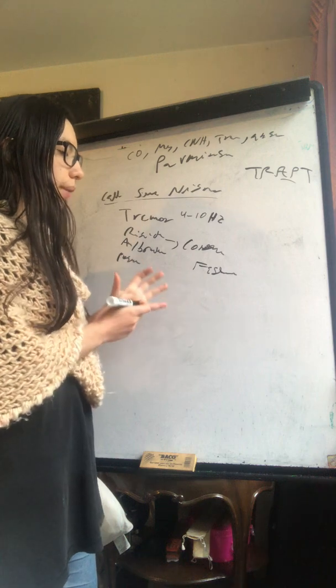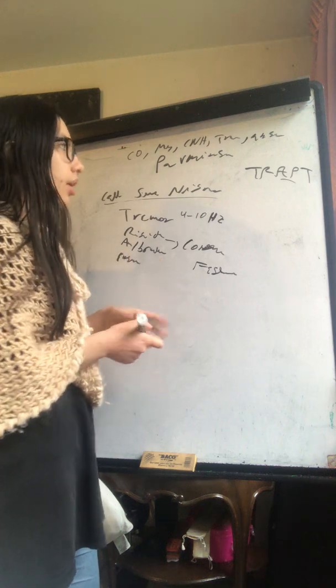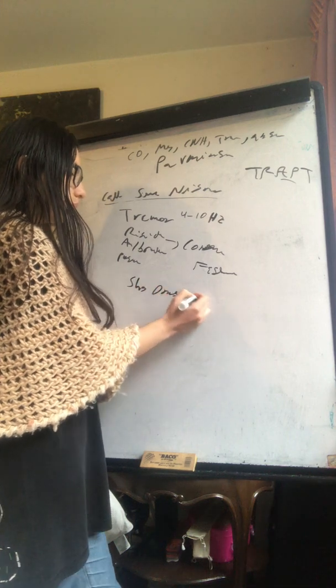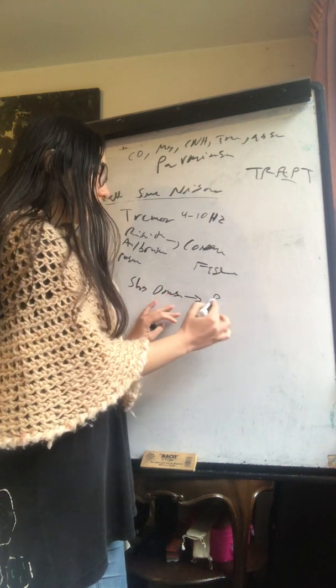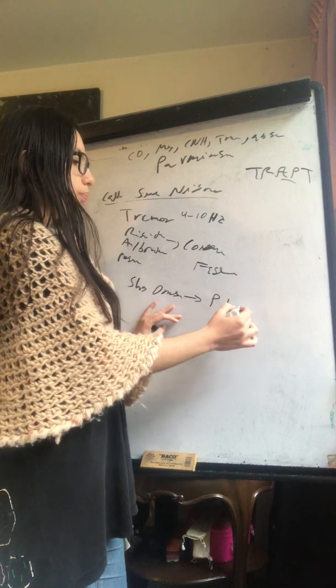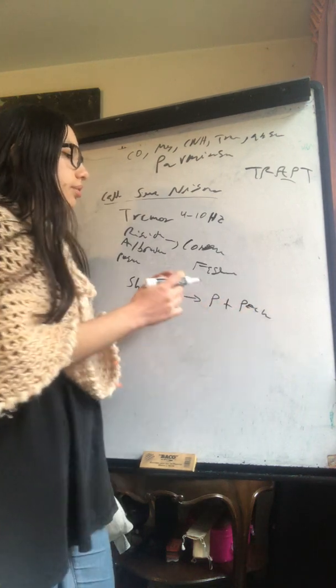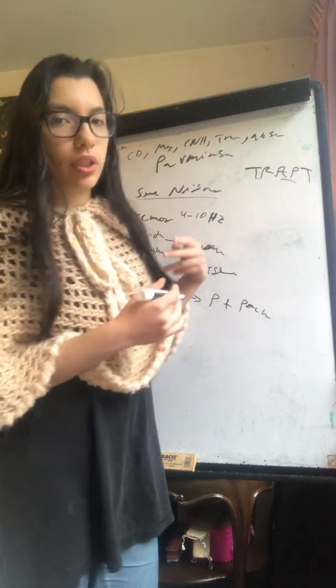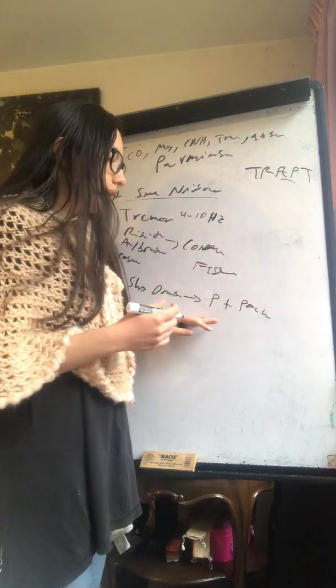There are some Parkinsonism syndromes, like Shy-Drager syndrome. This is, let's say, Parkinson plus postural hypotension, which is very frequent, or the patient is falling a lot. This is the classic thing.